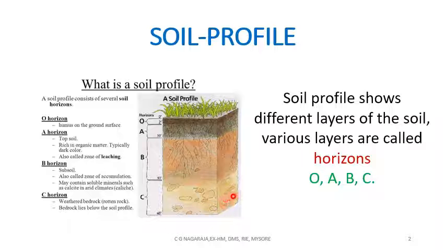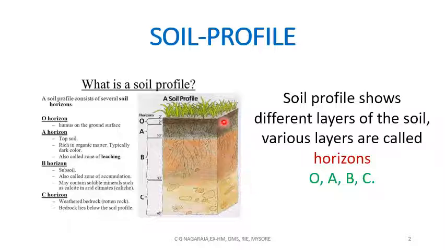But there may be here and there small areas where water can seep deep into that and form deep water or underground water. So please remember that the soil profile gives you a picture of the soil. By looking at the picture, you can tell the quality of the soil.